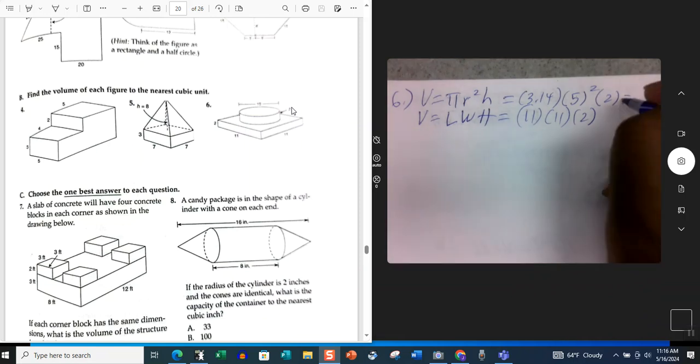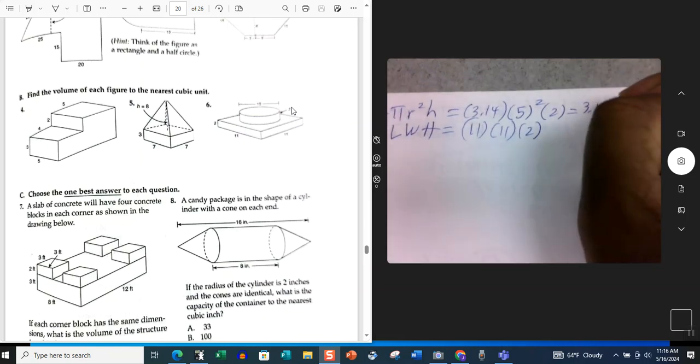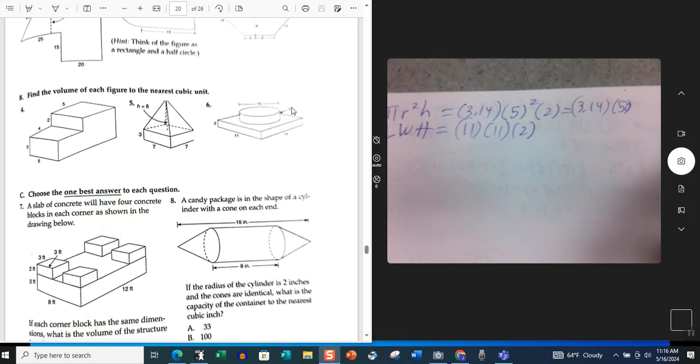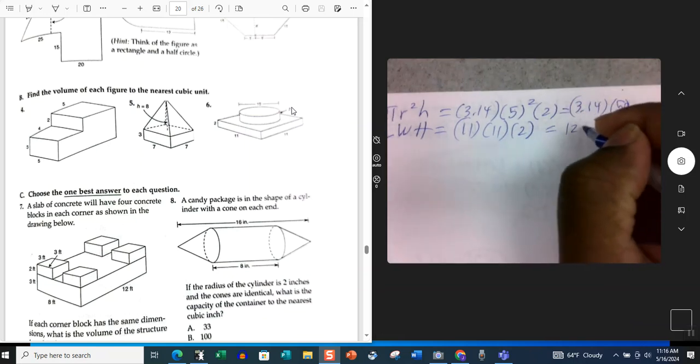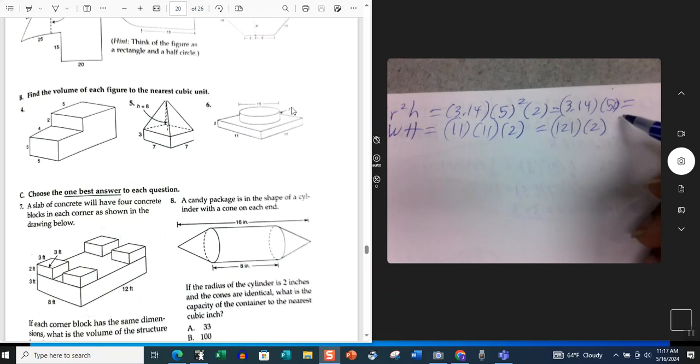All right, now, so we had 3.14 times 50. And then we will have 121 times 2. So 3.14 times 50 will give us, let's see, 157, I do believe.